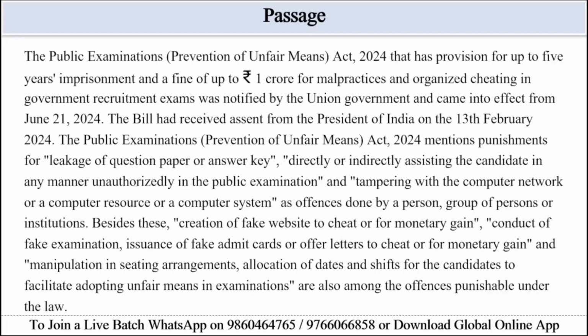Besides these, creation of a fake website to cheat or for monetary gain, conduct of fake examination, issuance of fake admit cards or offer letters to cheat or for monetary gains, and manipulation in seating arrangement, allocation of dates and shifts for the candidate to facilitate adopting unfair means in examination are also among the offenses punishable under the law.